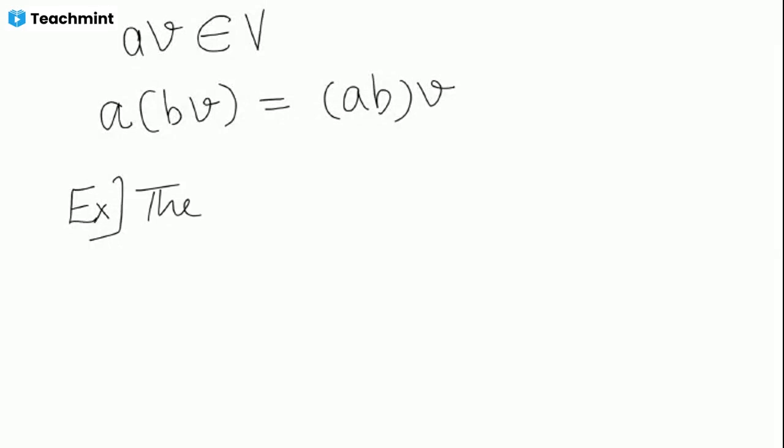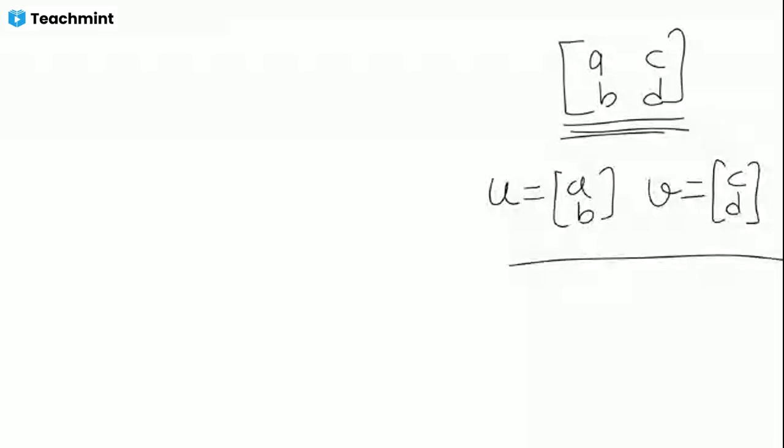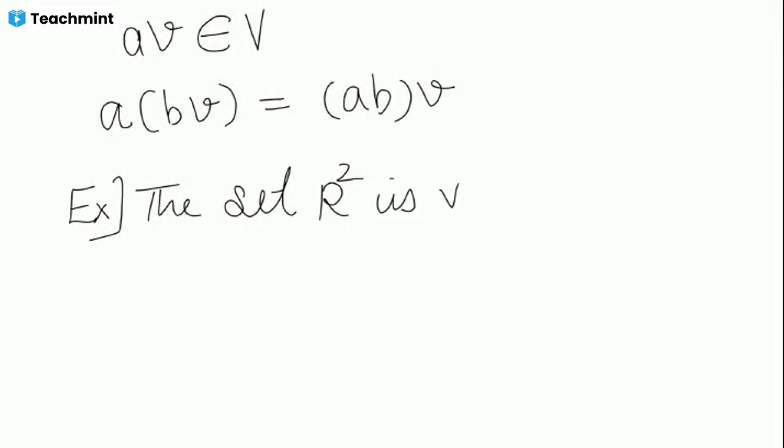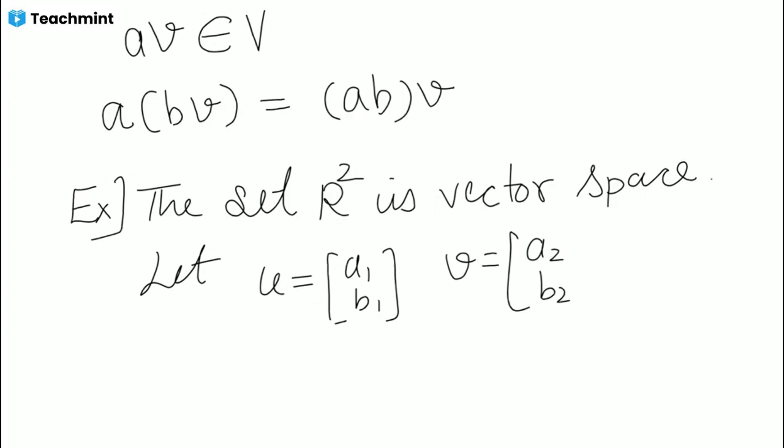Example of a vector space: the set R2, which means having two components in a vector, is a vector space. How? If we take two vectors, let u have elements a1, b1, and v have elements a2, b2.